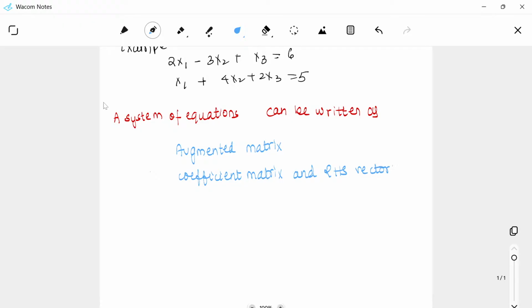Okay, the example can be like, in this case, it is 2, minus 3, 1, this is 6, 1, 4, 2 and this is 5.